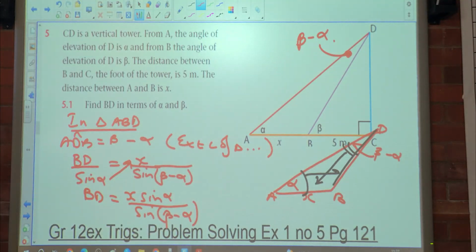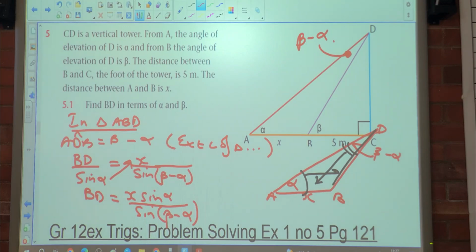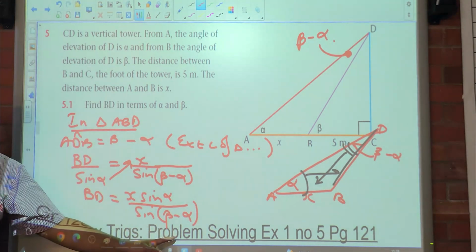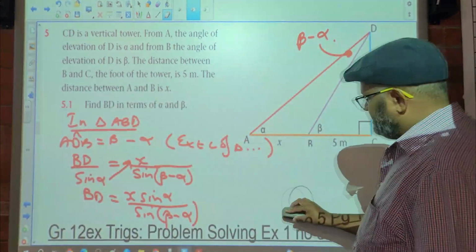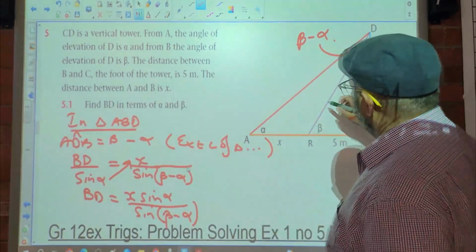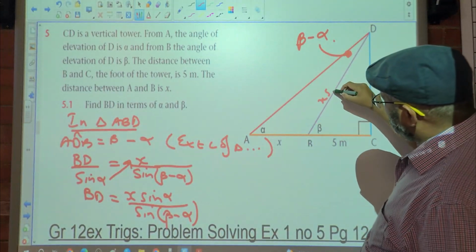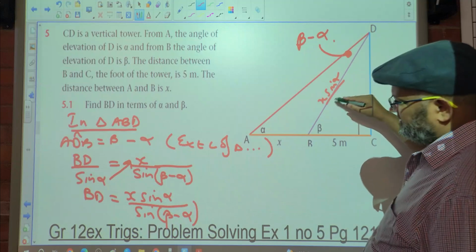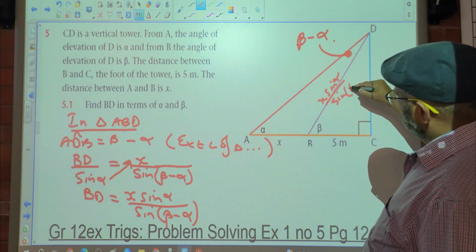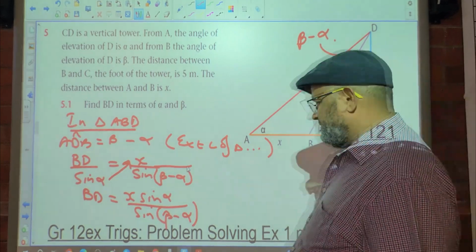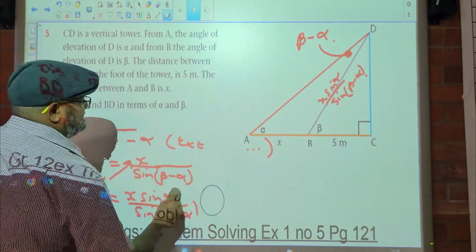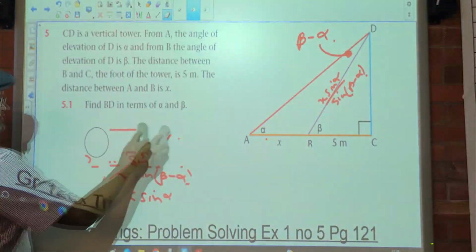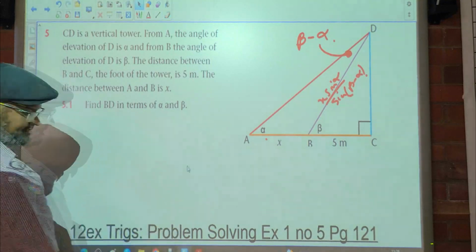No. Alright, so there we got BD in terms of alpha and beta. Can you see that? So we put that in our diagram. BD is going to be x sine alpha over sine of beta minus alpha. Okay, so take this off here. I'm going to try and keep the diagram in focus.